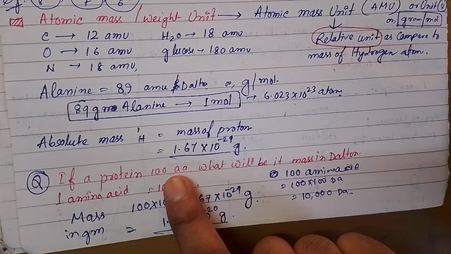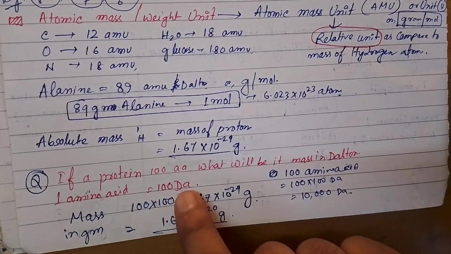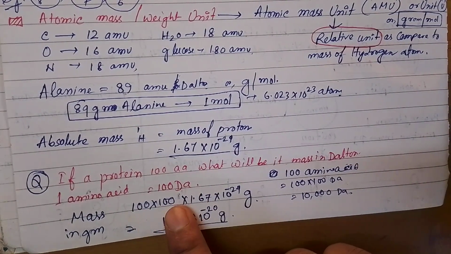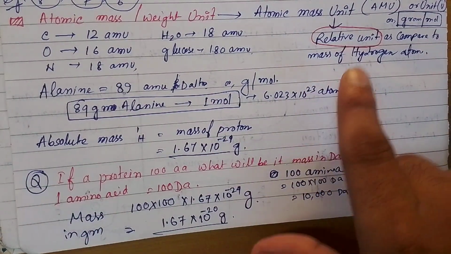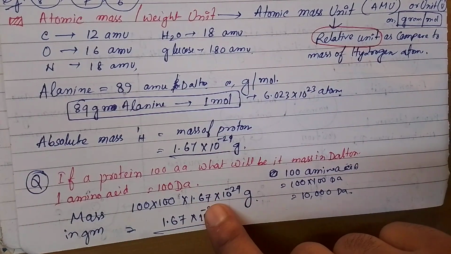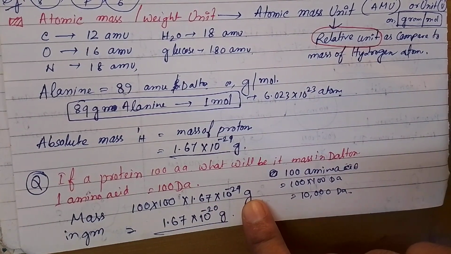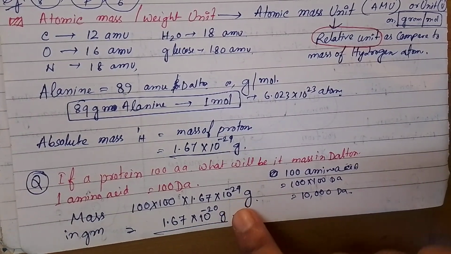If a protein has 100 amino acids, what will be the mass in Dalton, with one amino acid being 100 Dalton? So 100 into 100 into the mass of the proton, because it's relative compared to the mass of the hydrogen atom. So what will that be? Into 1.67 into 10 to the power minus 24, and it will come to 1.67 into 10 to the minus 20 gram.